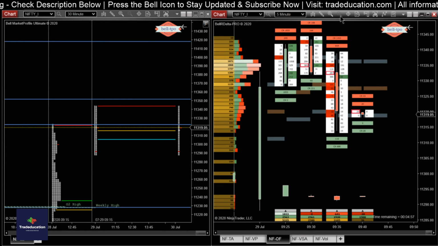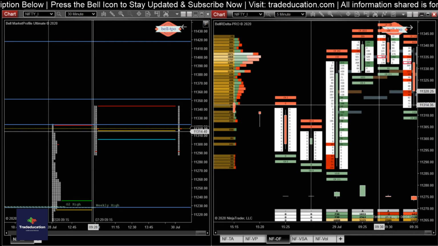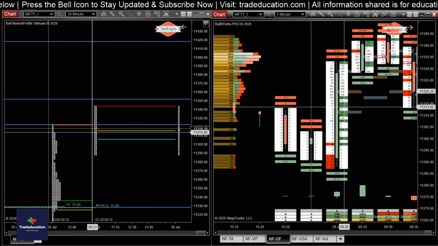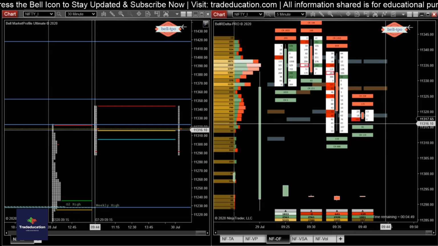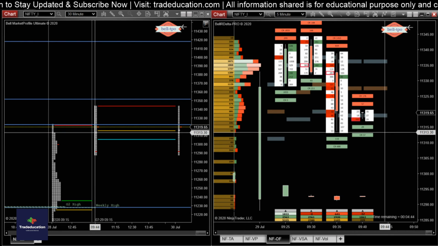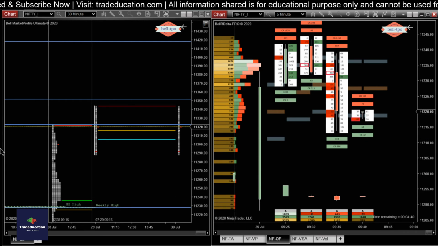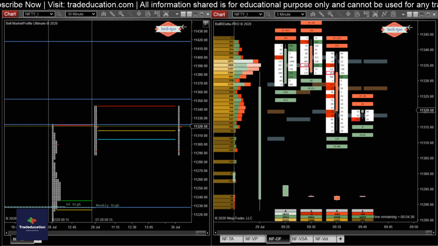So again the buyers are stepping in. If you see the low of the last 5 minute candle, this was the stacked buying. Again they should protect their positions if they are strong. Okay.